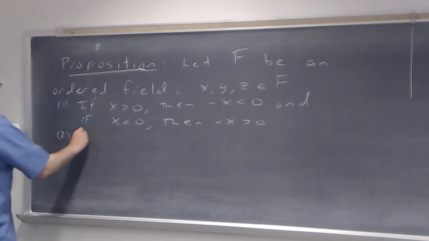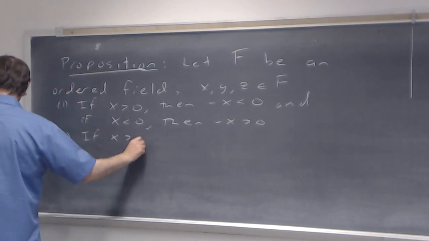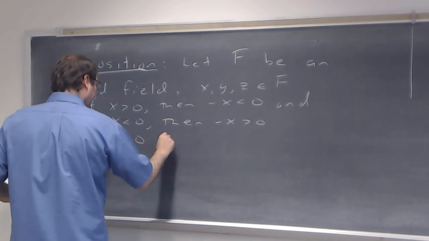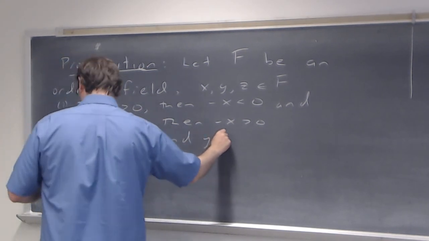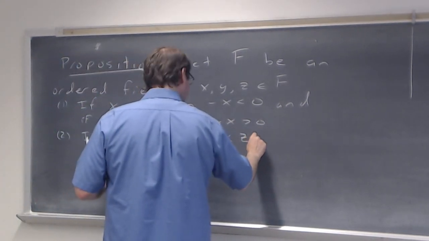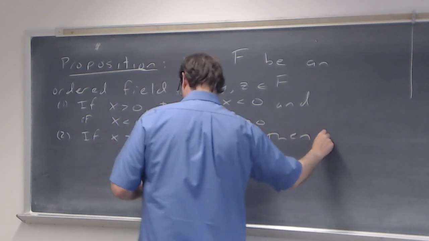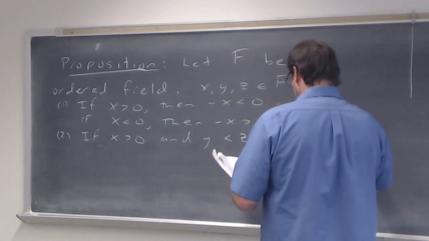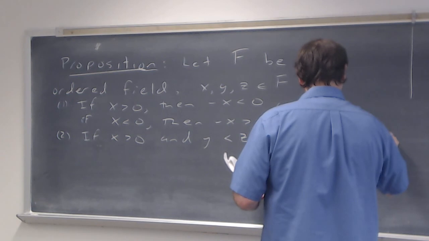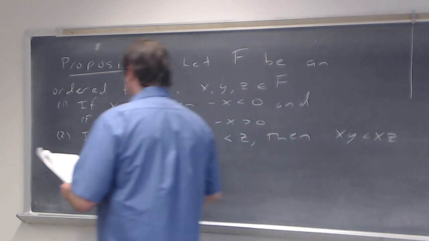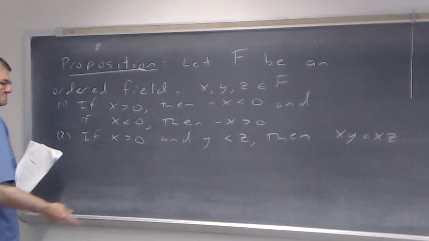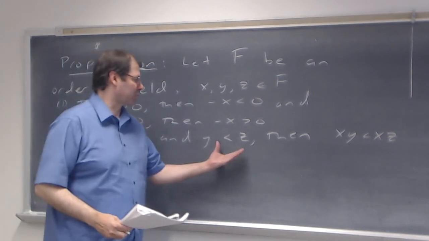2, if x is greater than 0 and y is less than z, then x times y is going to be less than x times z. We already know that. It's like with real numbers.